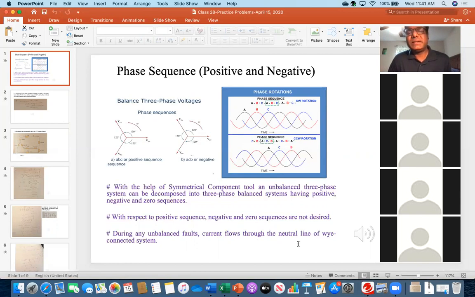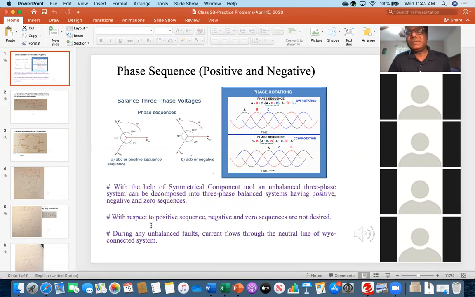The Y connection is more dangerous because it has a neutral, and that zero sequence current, or additional current, will flow through the neutral, and that might affect the other neutrals. But even in a delta connected system, although there is no neutral, all of the three phases or coils will be heated up and the system might be damaged.